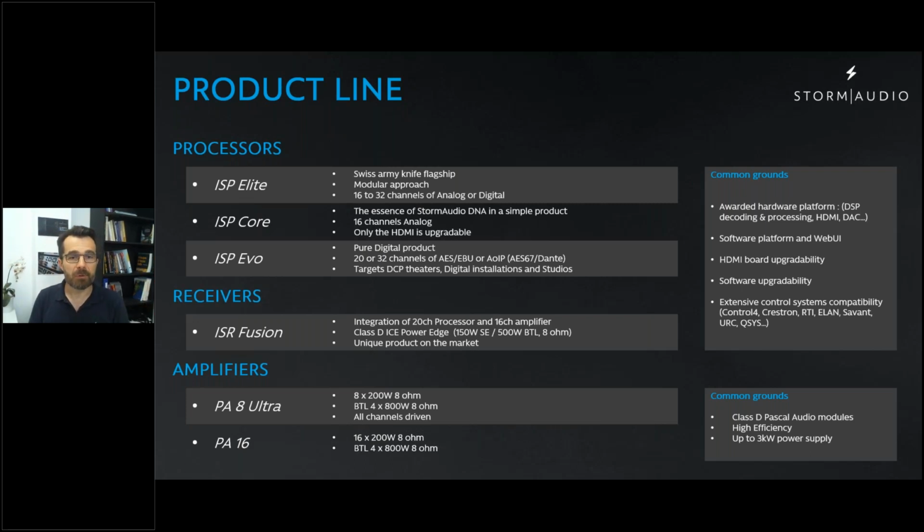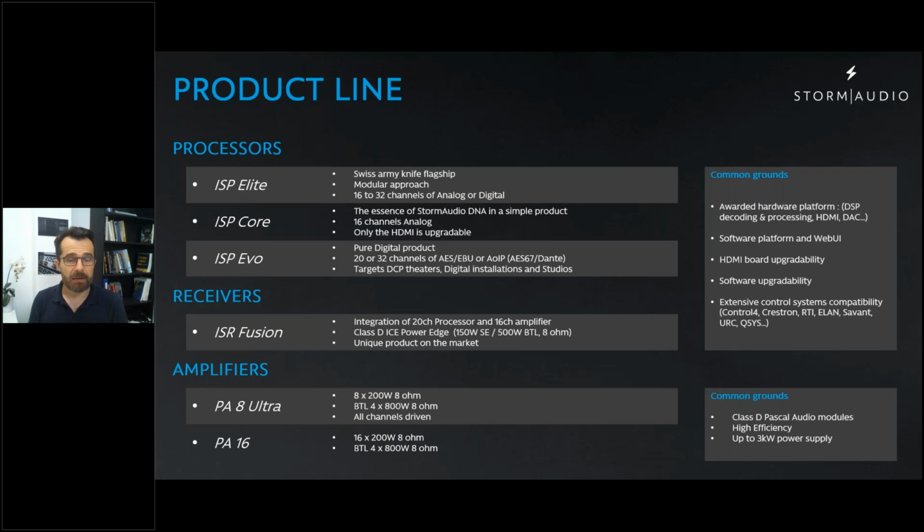So we have different models from 20 channels to 32 channels. With this, you can go into a lot of different new markets, whether this is integrating DCI systems at home, or putting our product into mastering studios where you want to do post-mixing verifications, I mean monitoring and all that, that you can do with the ISP Evo. So 3 different processors in the line.